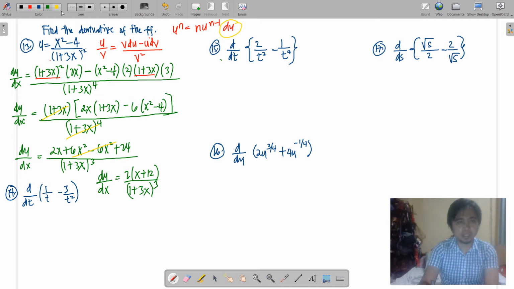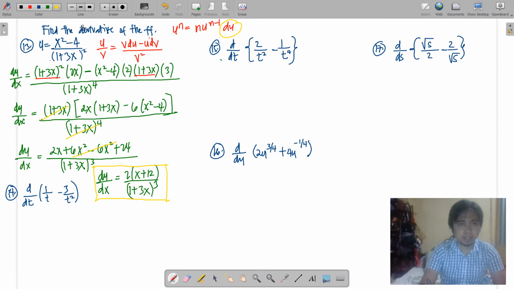In as much as we can, we should express our answers in simplified form. So perhaps this is the simplified form of number 13.